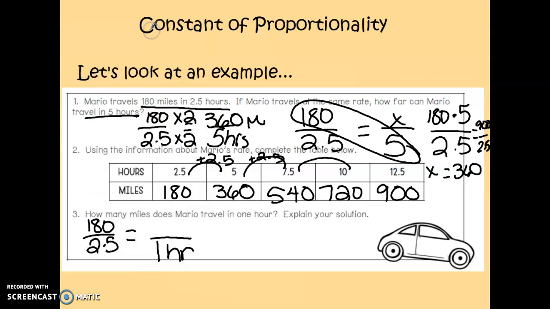Yeah, 72. So 72 miles in 1 hour. So if I wanted to explain my solution, I could say something like he traveled 180 miles in 2.5 hours, so you have to divide to find out how far he travels in just 1 hour.